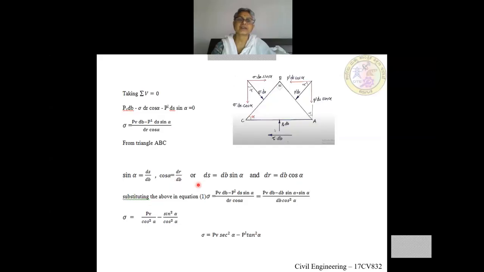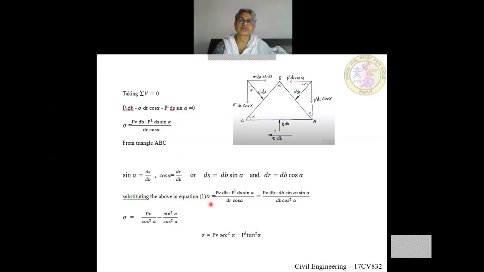We want expressions for ds and dr to substitute in this equation. So ds is equal to dB sine alpha, and dr is equal to dB cos alpha. You will get these two from these two expressions. Substituting in the above equation, this is equation 1.